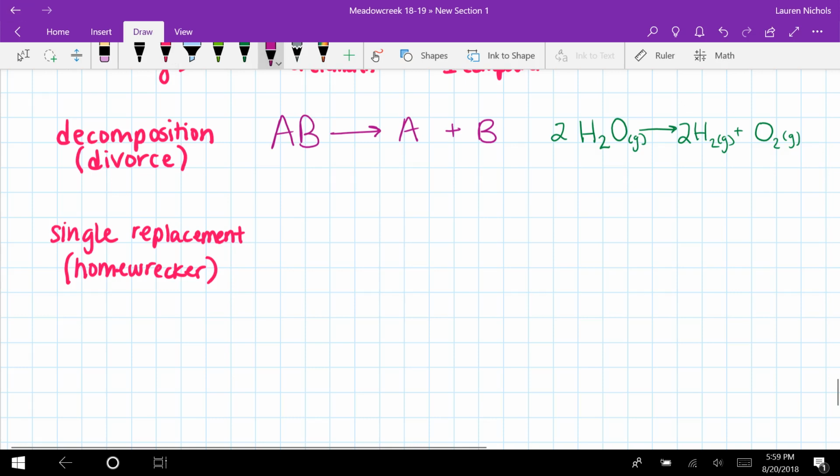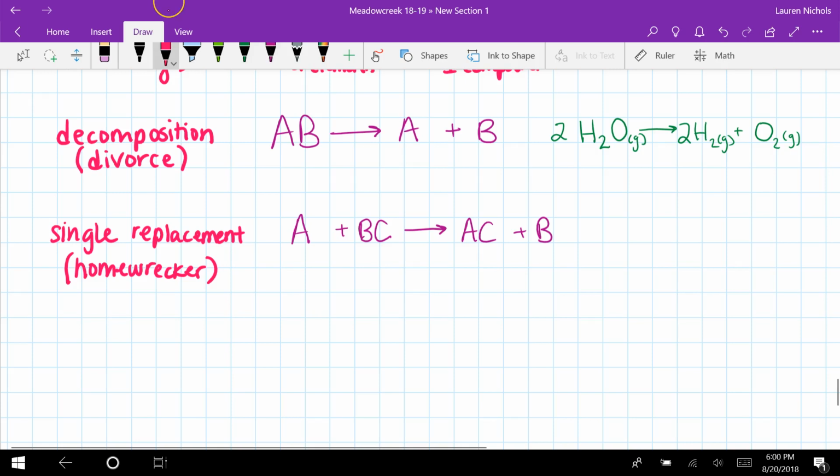The general format of this reaction is when you have a single element, aka the home wrecker, who is around a happy couple. In this case, elements B and C combined. Now, after the reaction has occurred, the home wrecker has gone off with the partner. B has been replaced.